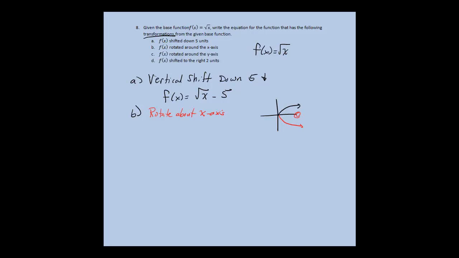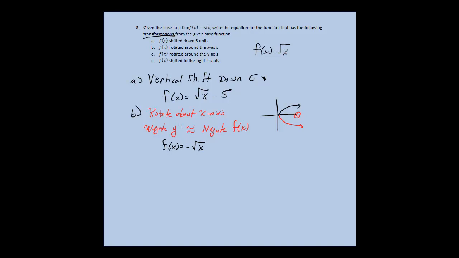So that means that we are going to have to negate y. So negating y is the same thing as saying negate f of x. So in this circumstance, we have to negate our function. That will just equal the negative square root of x.